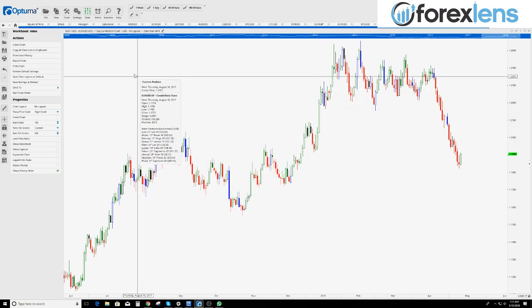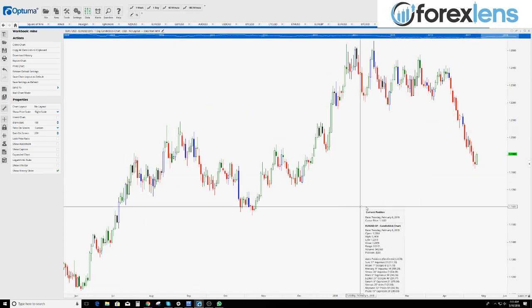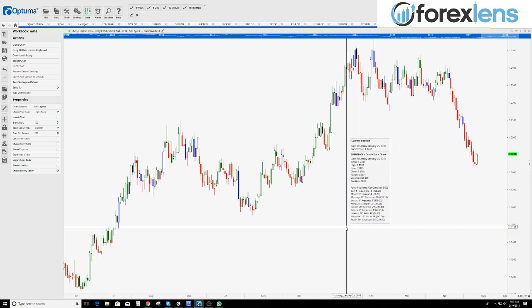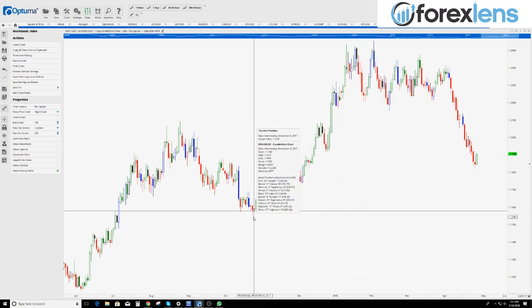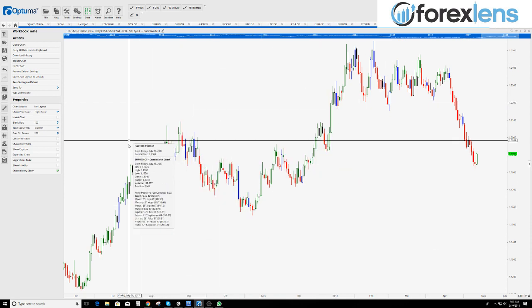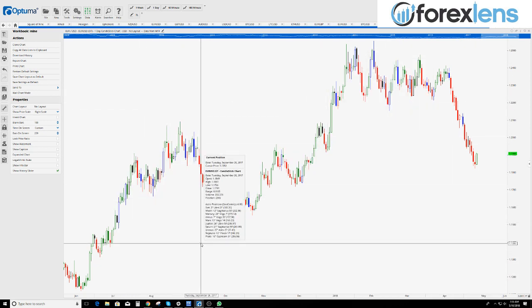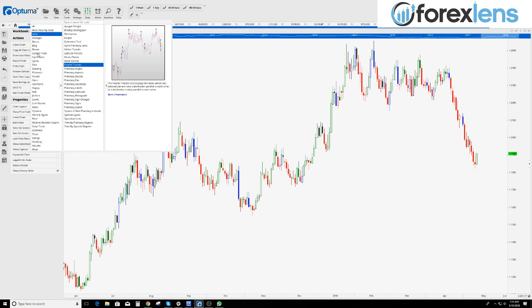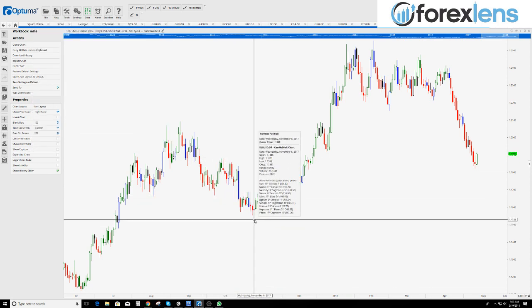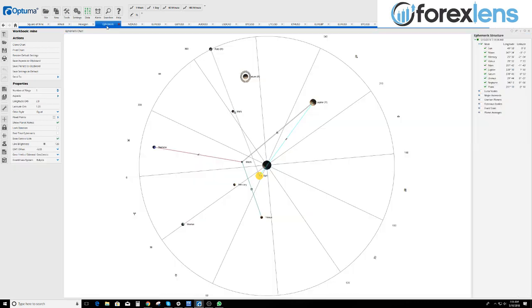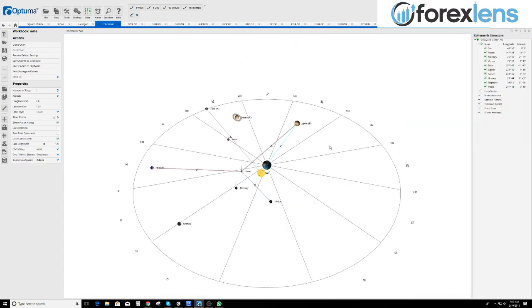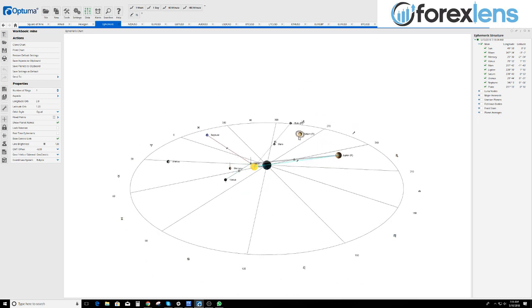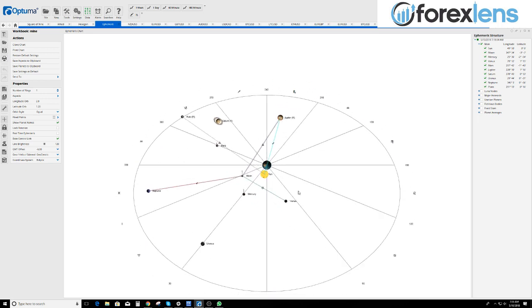One of the big things that Gann talked about, besides specific dates or aspects in the planets, was that he took the longitudinal position of the planet. So this right here is a diagram of where the planets are currently, and they have their latitude and longitude here.